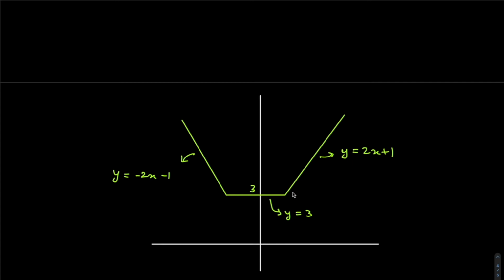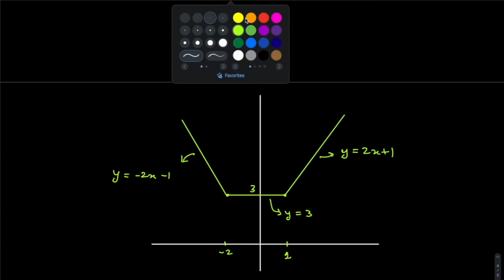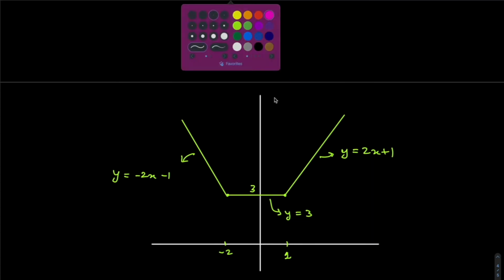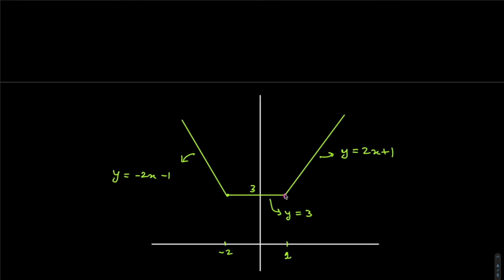This is when x is equal to 1, I'll just write 1 here. This is when x is minus 2, so these are my two turning points right here. I'll change the color as well, I'll use pink. So this is one turning point, this is another turning point.